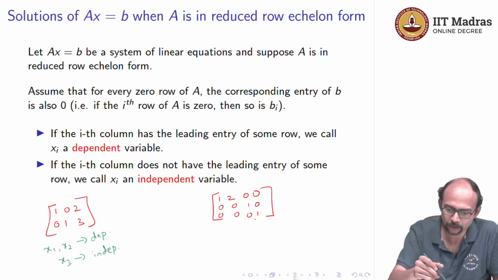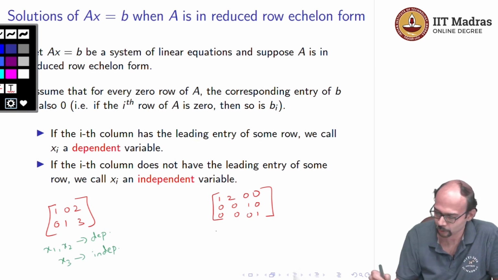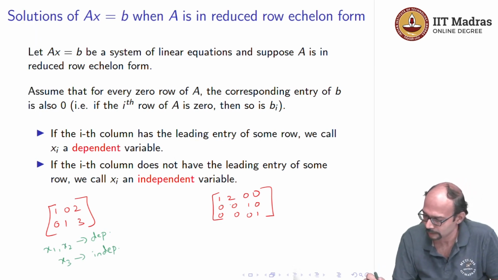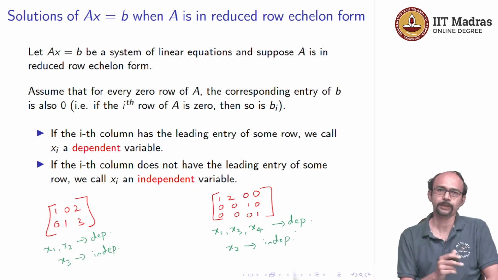So, here the leading entries are in columns 1, 3 and 4 respectively. So, x1, x3, x4 are dependent variables and x2 is an independent variable, right. And you saw this reflected in the solutions, which is why we are calling it independent.